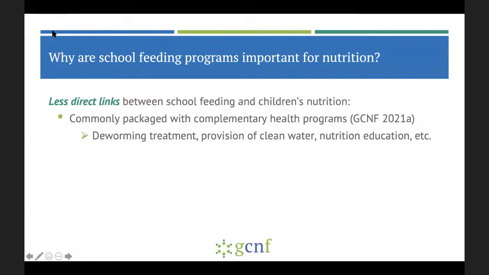School feeding programs can also influence obesity, although this link could go in either direction, positive or negative, plausibly. There are also some links between school feeding and children's nutrition that are somewhat less direct. For example, school feeding programs are very commonly packaged with complementary health programs, such as deworming treatment or the provision of clean water in schools.